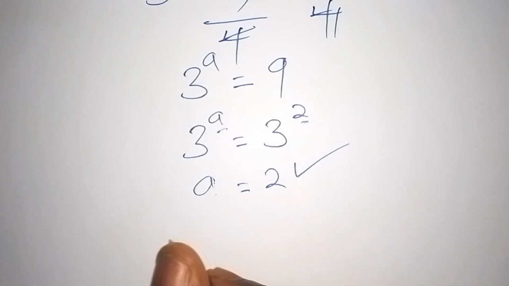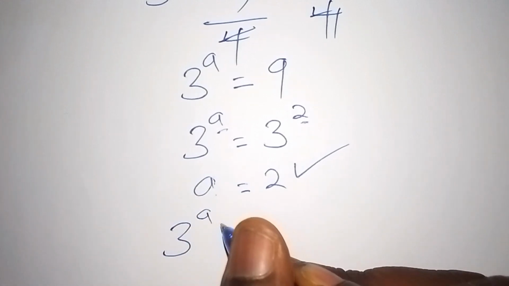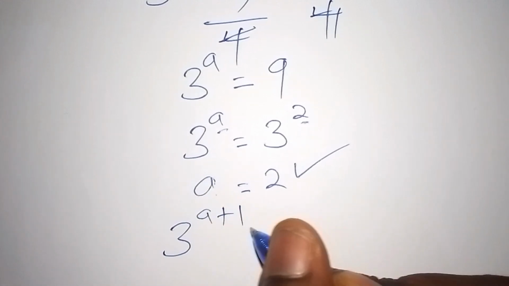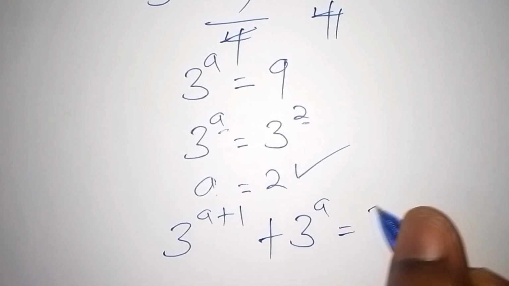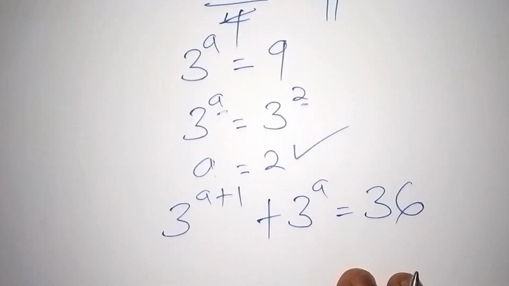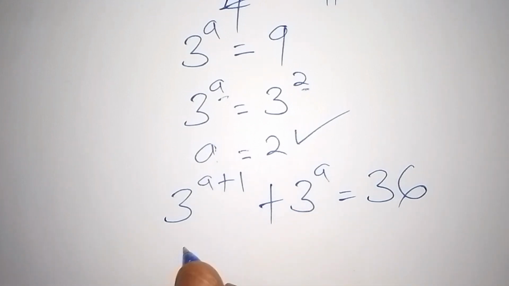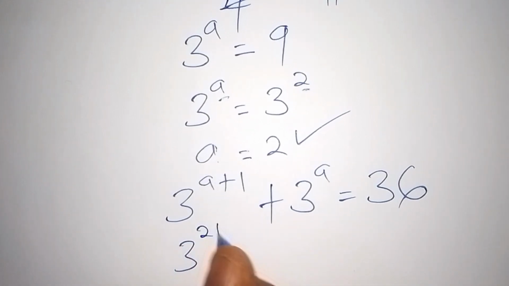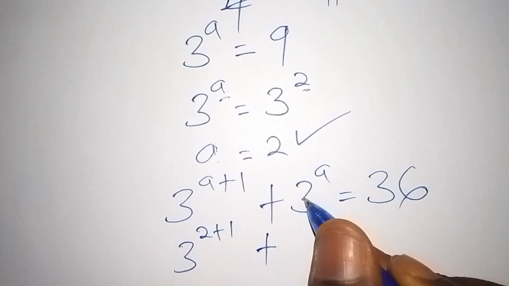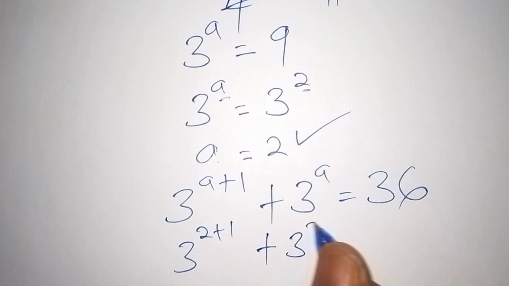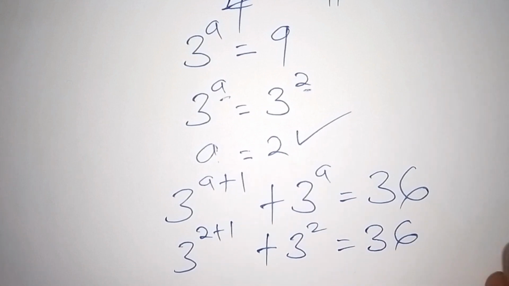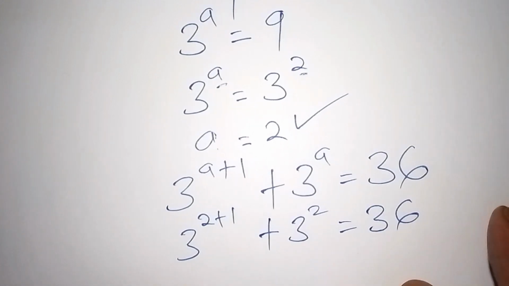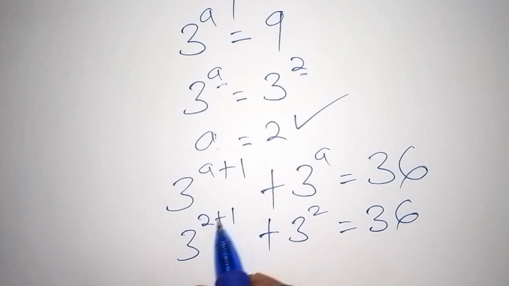So let's now confirm. We have 3 to the power of a plus 1 plus 3 to the power of a is equal to 36. From here we shall replace a with 2. So 3 to the power of 2 plus 1 plus, we also replace a with 2, 3 to the power of 2, is equal to 36. Here, 3 to the power of 2 plus 1 is like 3 to the power of 3, because 2 plus 1 is 3.